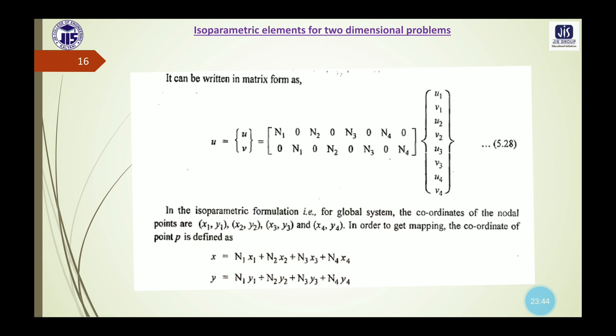Now in matrix form it can be represented like this, equation number 5.28. So u equals a column matrix of u and v, which is the multiplication of two different matrices.